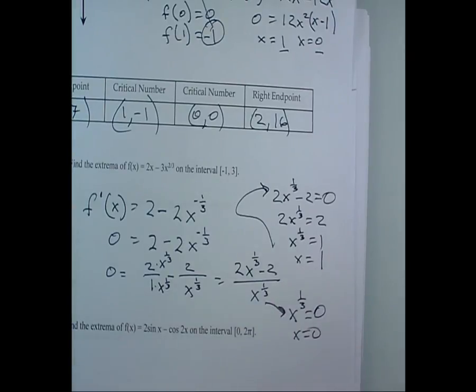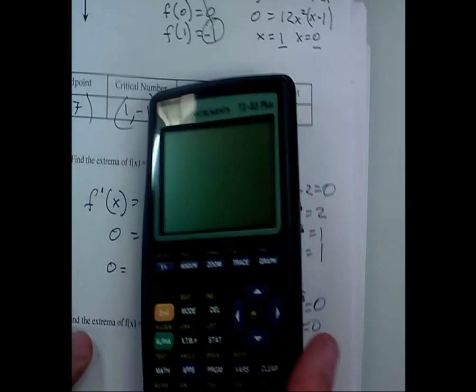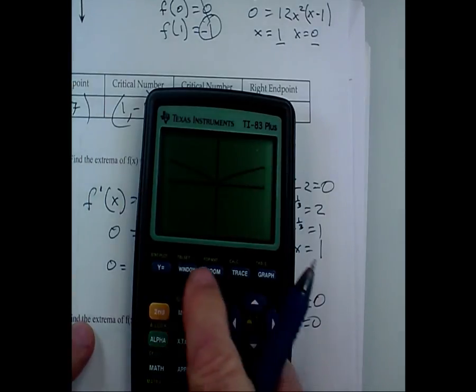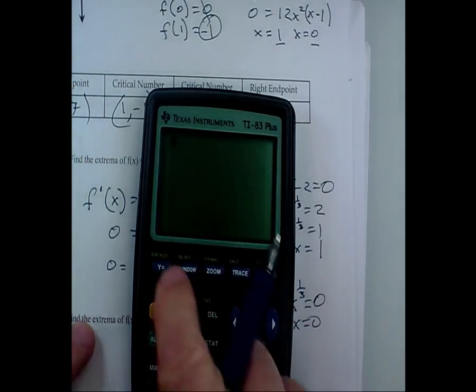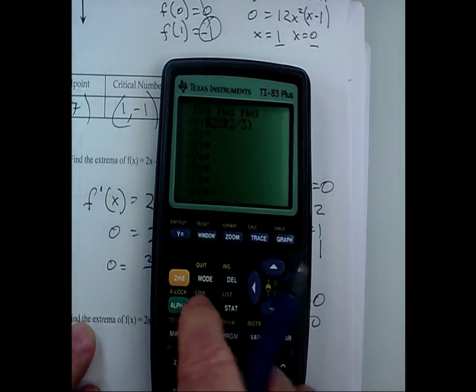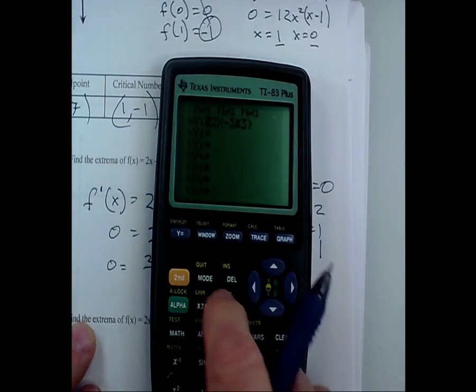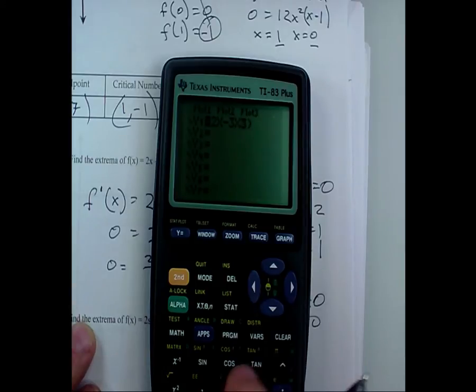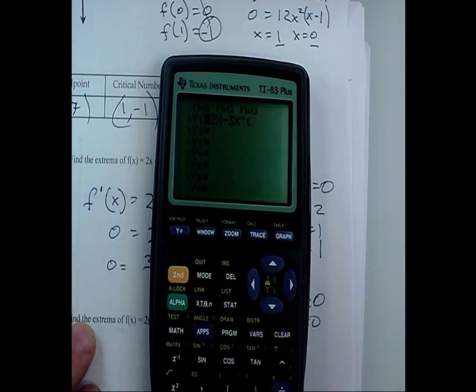So if I look at this graph, and I put in 2x minus 3x to the 2/3, is that what it says?